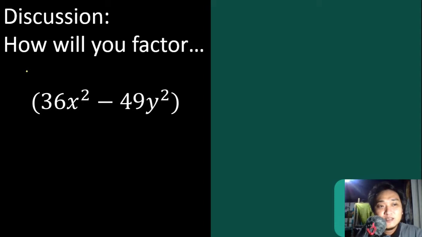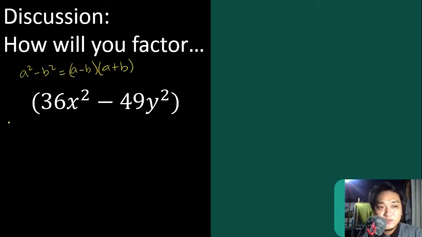Yung rule natin is a squared minus b squared is equivalent to a minus b times the quantity a plus b. Bago natin i-apply yung rule na yan, kailangan i-check muna natin kung yung mga terms natin is perfect squares. So, paano natin i-check kung perfect squares sila?